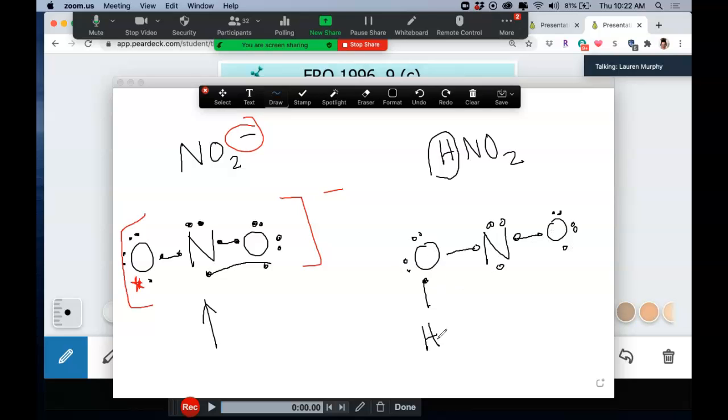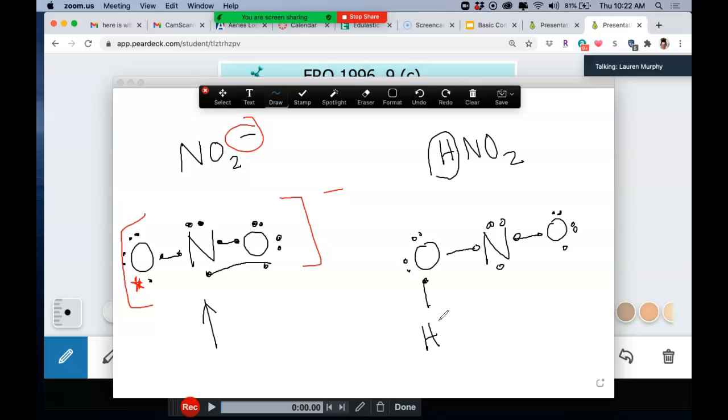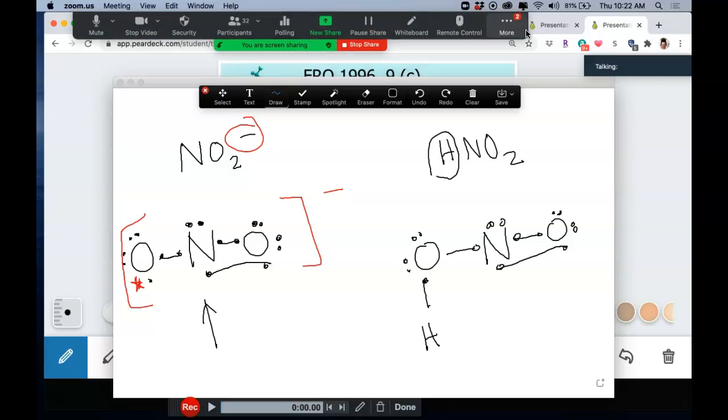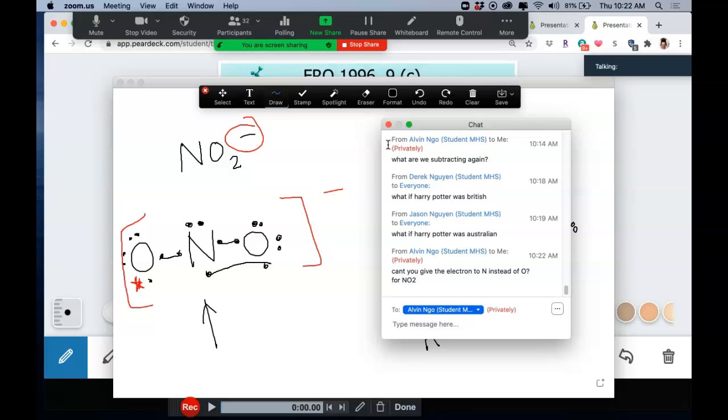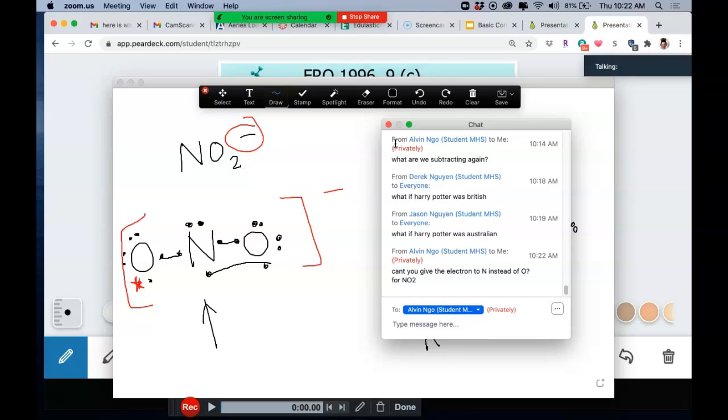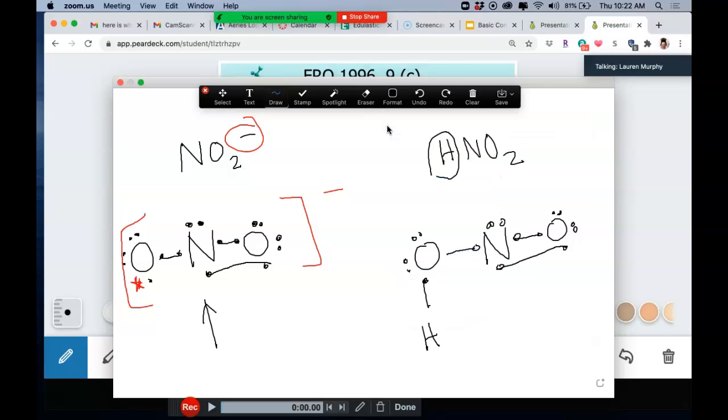Fine, pick this guy. If you give the electron to N instead of O, you don't then have an octet on oxygen.